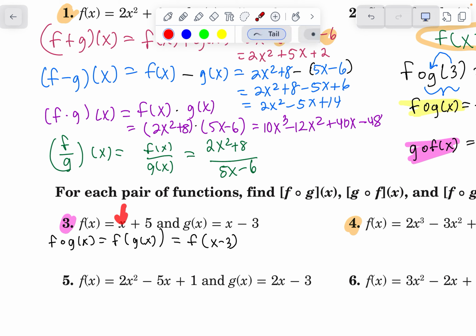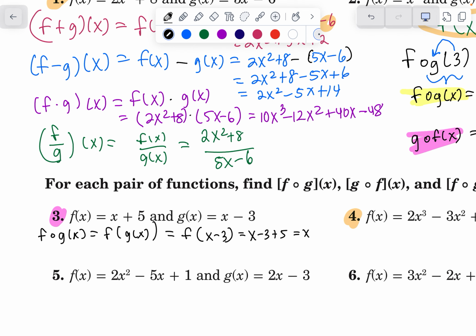So it's really going to become x minus 3 plus 5, which is x plus 2. Now, if we take g of f of x, we're going to take the g function and plug in the f function.